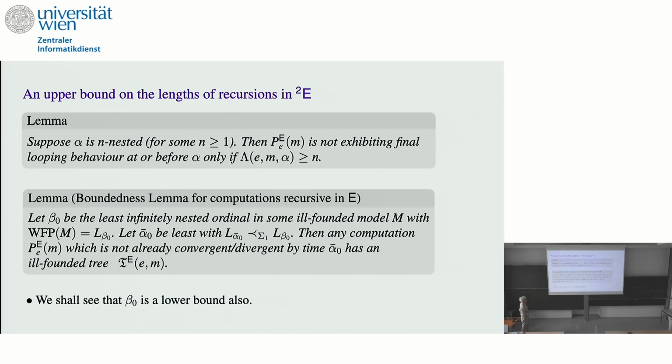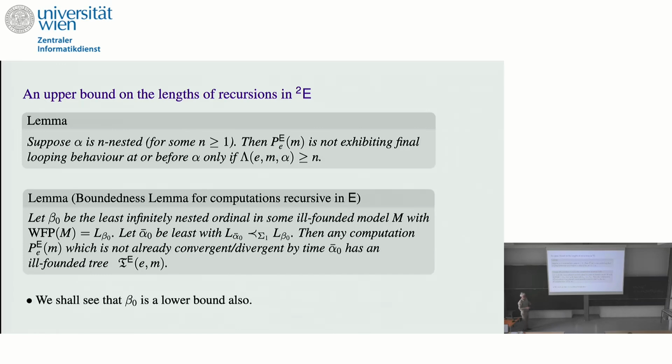So lambda here was this level function. When lambda is 0, then you're at the master computation at the top. Then you might be at level 1, 2, 3, n. So this is sort of a little bit of bookkeeping. It's saying, suppose alpha is one of these n-nested ordinals in the L hierarchy.